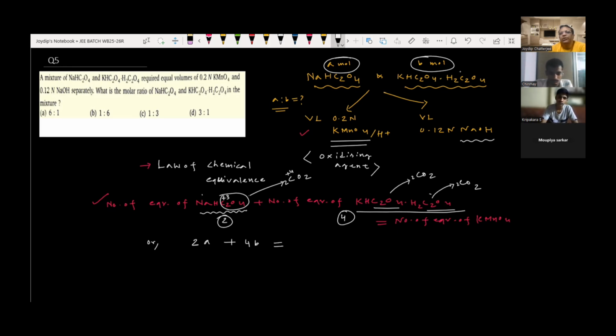That is equal to the number of equivalents of KMnO4. For KMnO4 we have considered the volume V liter and 0.2 normal. Volume in liter into normality directly gives the number of equivalents, so we just multiply V into 0.2. Is it clear? So this is the first equation.